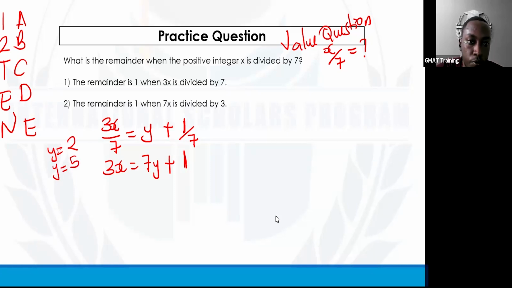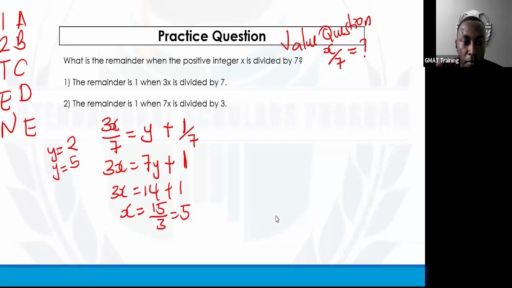Let's try 2. When y is 2, this will be 14 plus 1, which is 15, so 3x is 15. x will be 15 divided by 3, which is 5. So if x is 5, then 5 divided by 7 will have a remainder of 5.